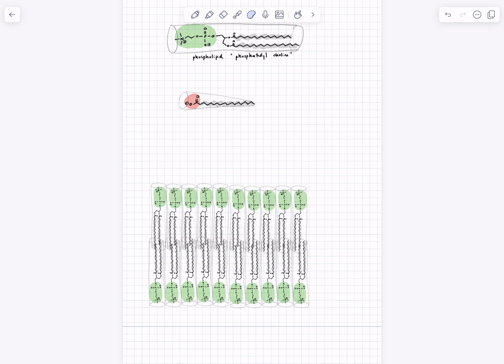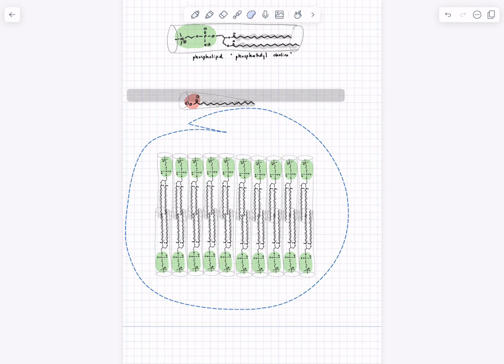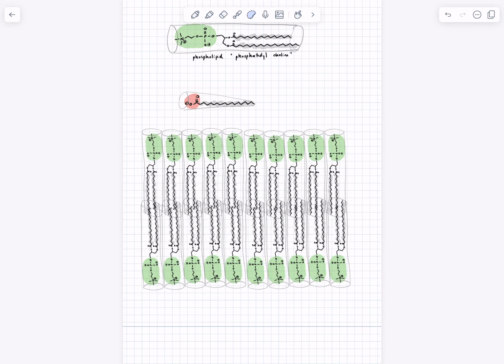Last time we were talking about non-covalent interactions and how they're connected to what you see in the world around you, and we had talked about the difference between soaps and detergents versus phospholipids.